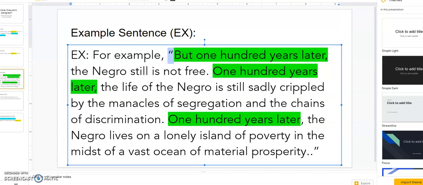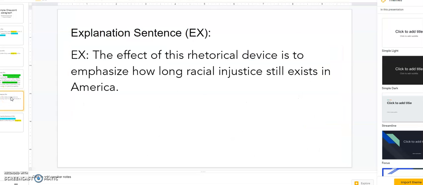Now the example I found of anaphora was, "But 100 years later, 100 years later, 100 years later." So this is an example of anaphora, which is that repetition. So that was my example sentence. Now it's time for my explanation sentence. I'm now going to explain the effect of this rhetorical device.